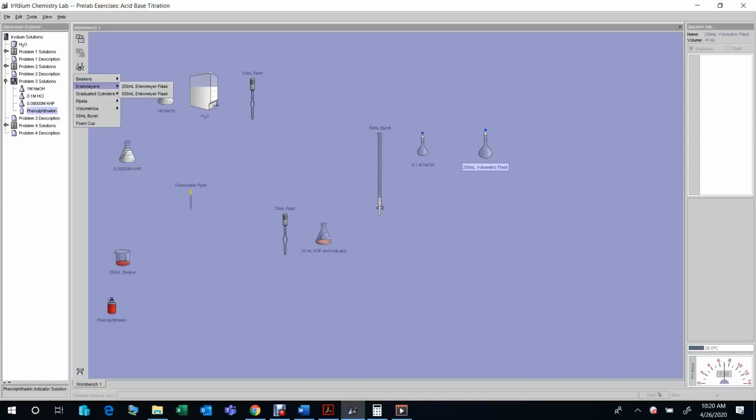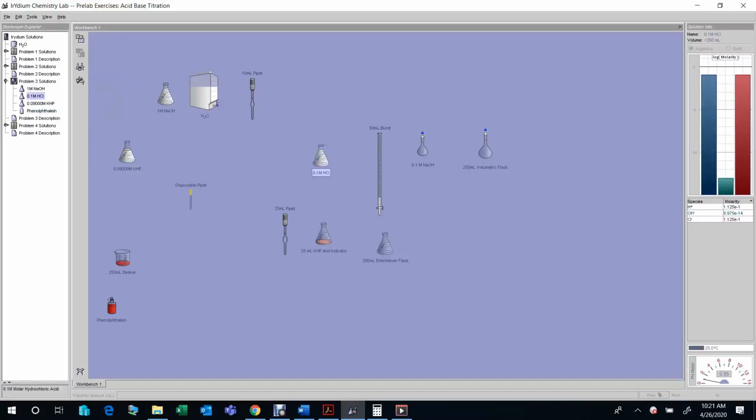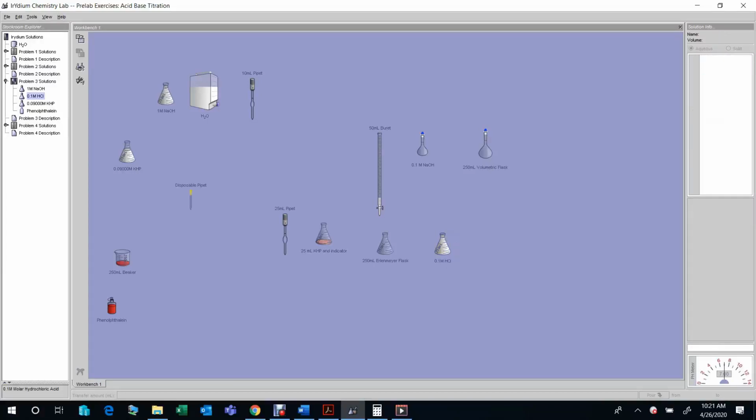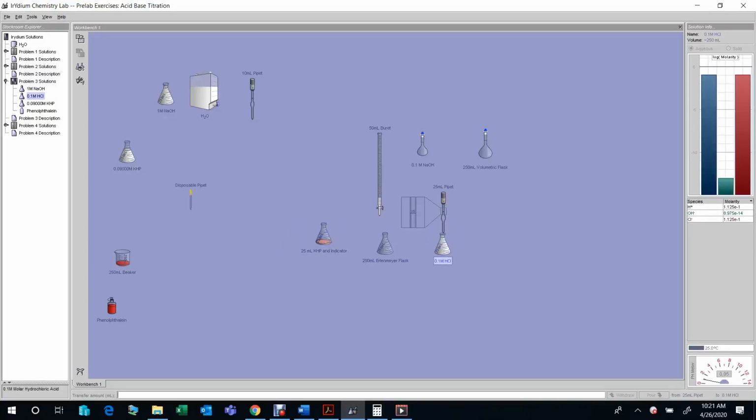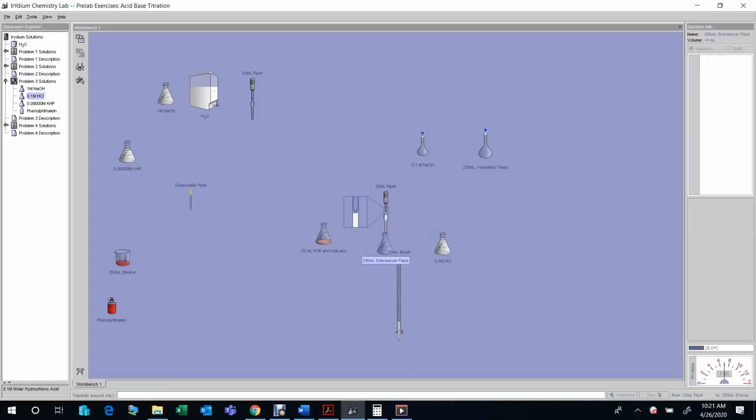Okay, here is the Erlenmeyer flask, and this is 0.1 molar HCl solution. Same thing, we can use 25 milliliters. We pipette 25 milliliters, and then we add, 25.00, pour.